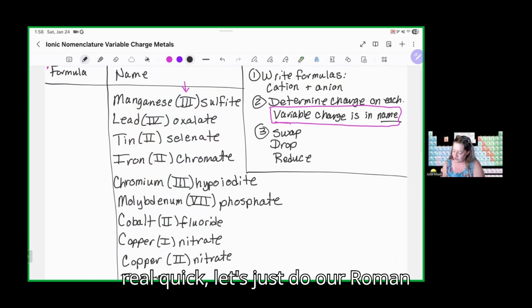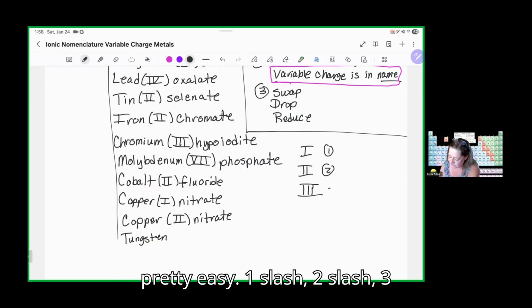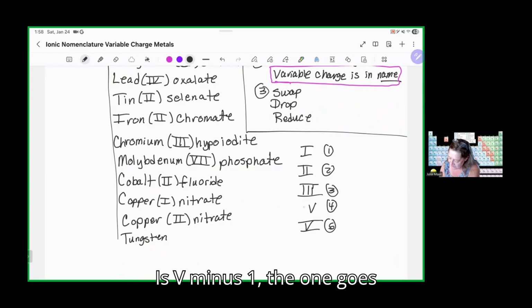So real quick, let's just do our Roman numerals. 1, 2, and 3 are pretty easy: 1 slash, 2 slashes, 3 slashes. 5 is a V, and 4 is V minus 1.